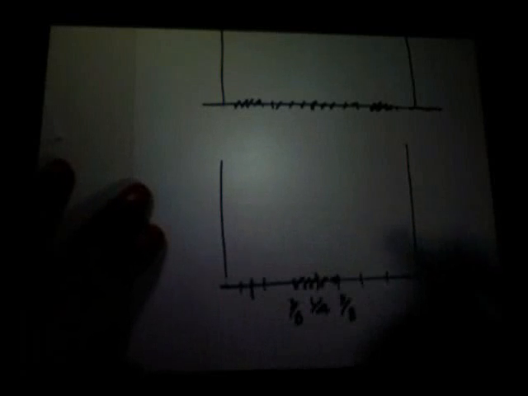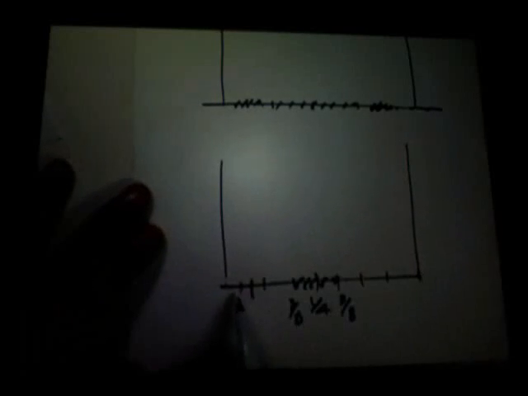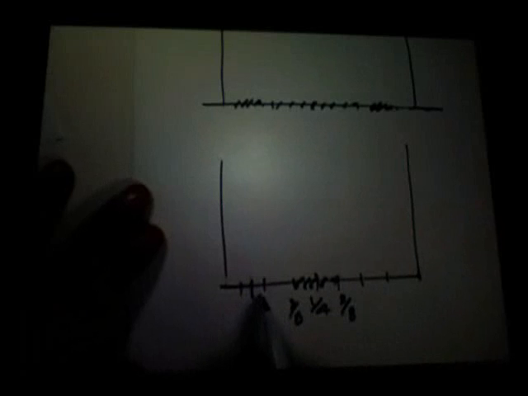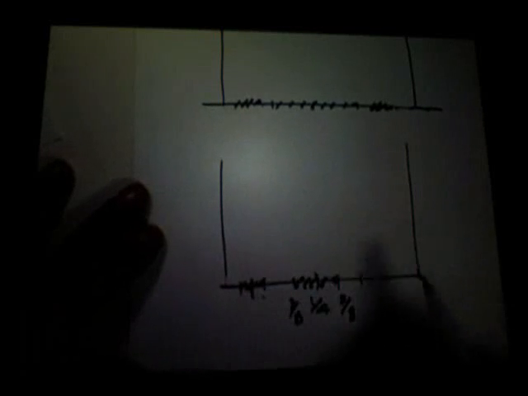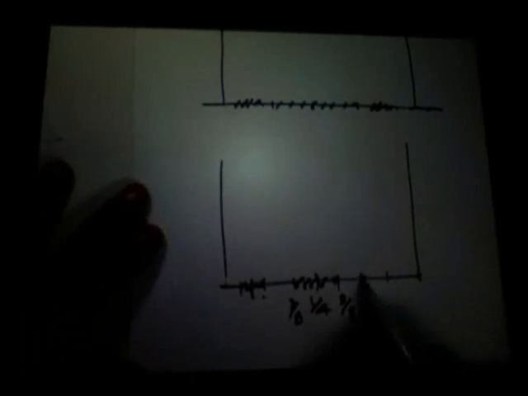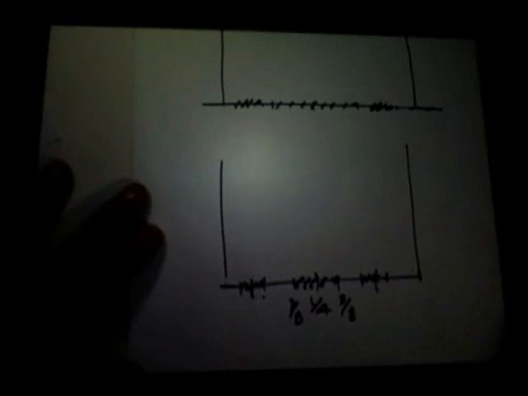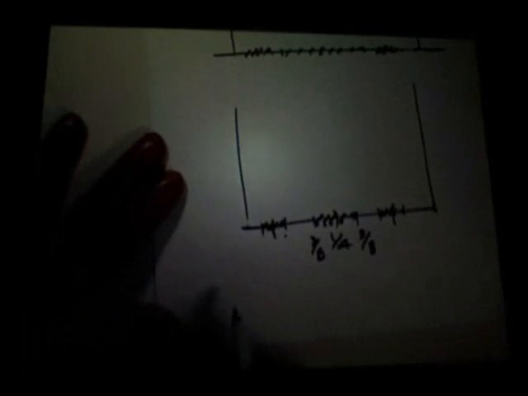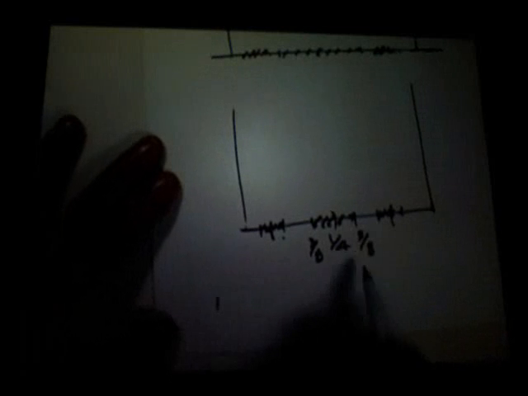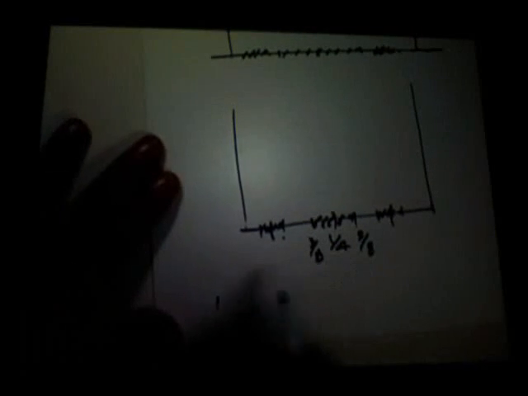If this is 1/8 and this is a quarter, then this is 3/16. So if I go a 16th on either side, it's starting to look like this, right? So I take away a total of a quarter, and then I take away 2/16.